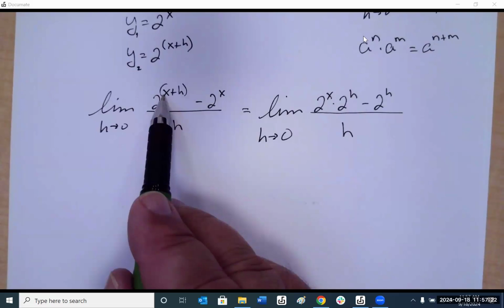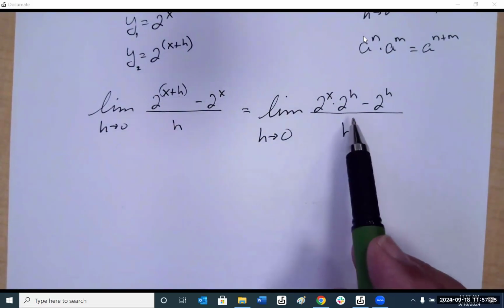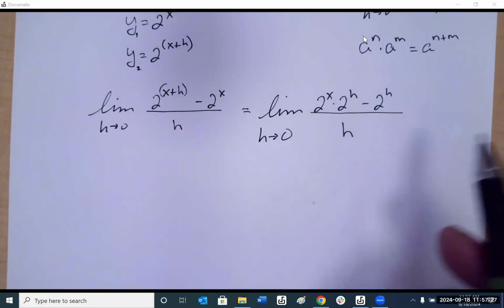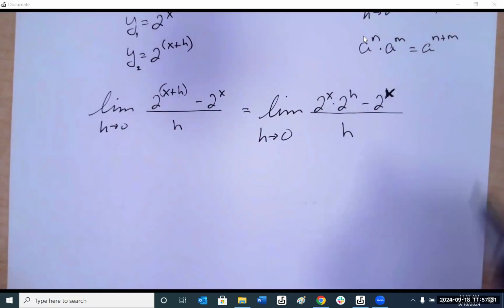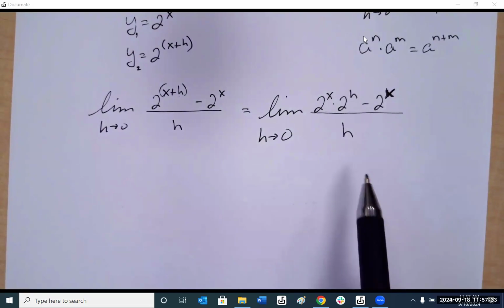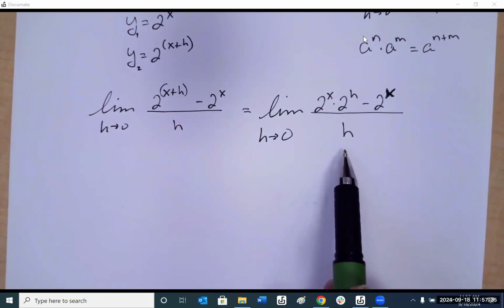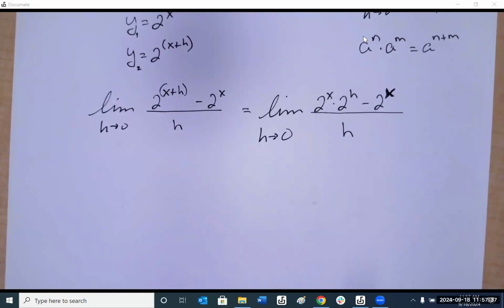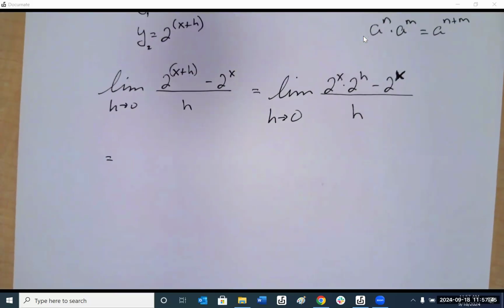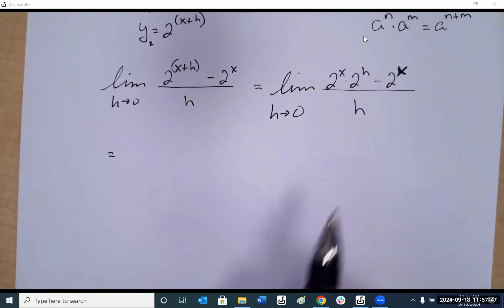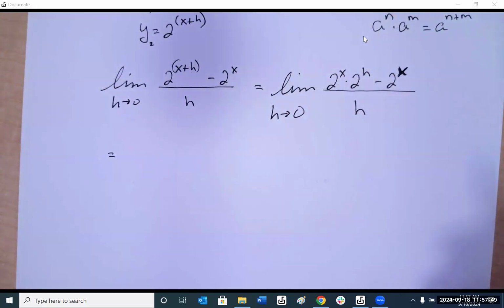Yeah, because we have an x there and an h there. Oh, h, yeah. Thank you. I was trying to remind myself, don't forget the h on the bottom, and I forgot the h on top. So what can we do now? For the rest of these, I'm going to go straight down. Can we factor anything out of the top?